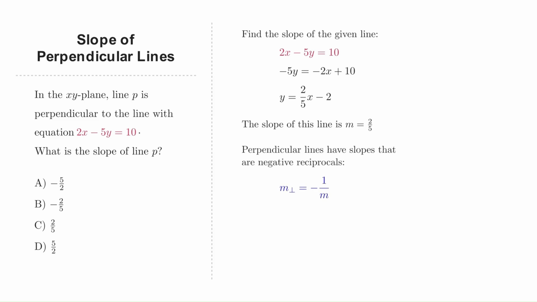Recall that perpendicular lines have slopes that are negative reciprocals of one another, expressed as m perpendicular equals -1 over m. To find the slope of line P, we take the negative reciprocal of our initial slope 2 over 5, which gives us -5 over 2. This matches option A, which is the correct answer.